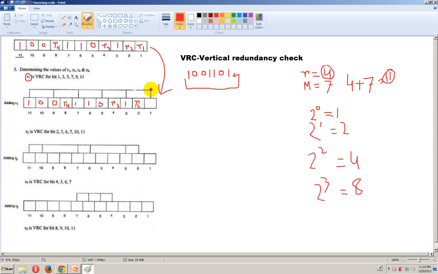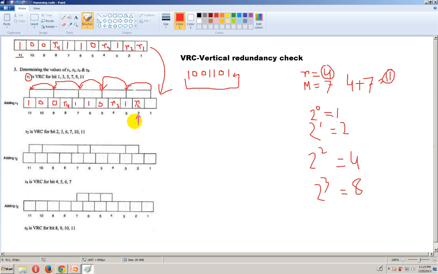So we check 1, then skip one bit, then we go here. We don't need to check this one because we skip it. Then again we check number 3, then skip 4, then go to 5. Similar steps until we go to 11. So this is the way we get 1 3 5 7 9 11.